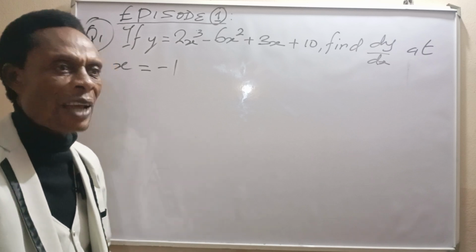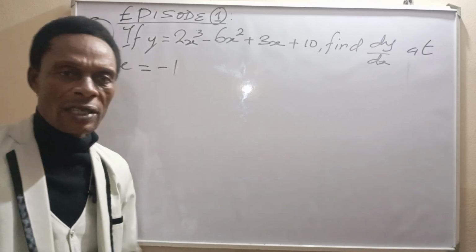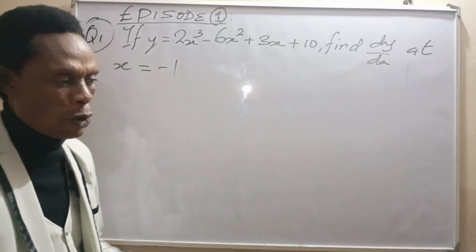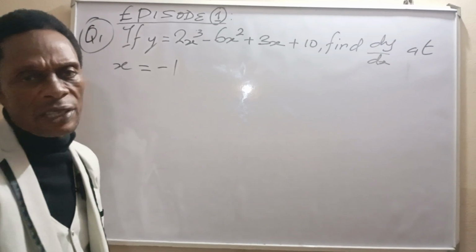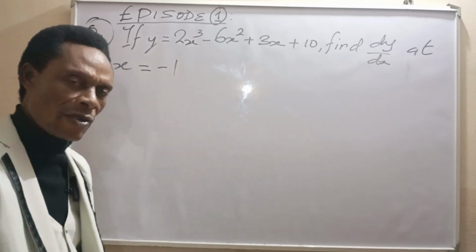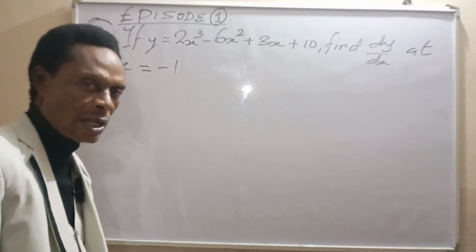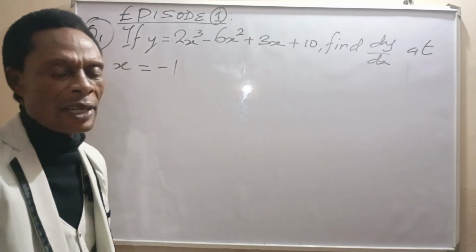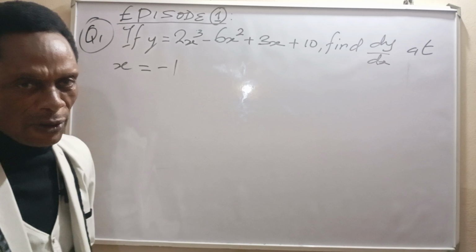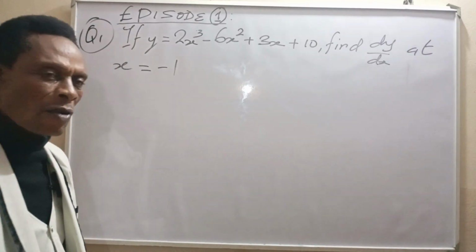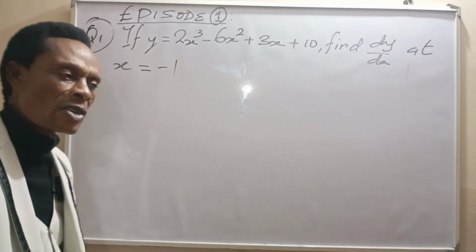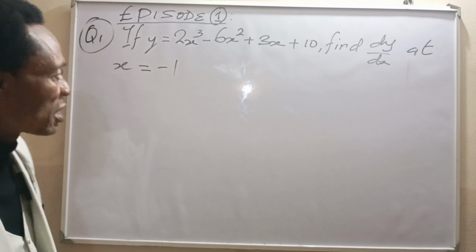The process of finding the integral of a function is known as integration. With integration, we start with a derivative and go back to the function, and that is why it is called anti-differentiation.